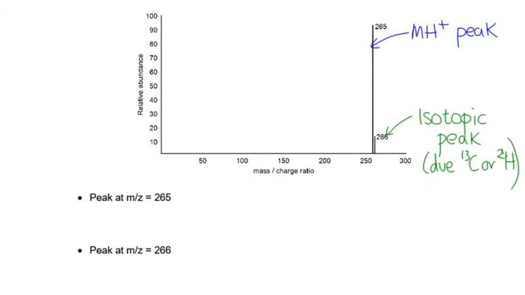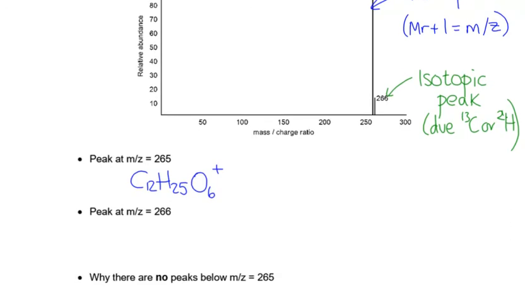So our peak at 265 is due to our C12H25O6 plus. And so if we wanted the MR, the MR plus 1 is equal to the M over Z value. So actually the MR of this compound is not 265, it's 264 like we calculated at the top. And our peak at 266 is our isotopic peak due to carbon 13 or hydrogen 2.